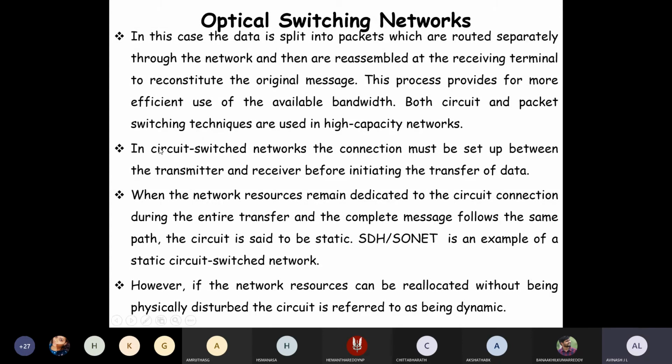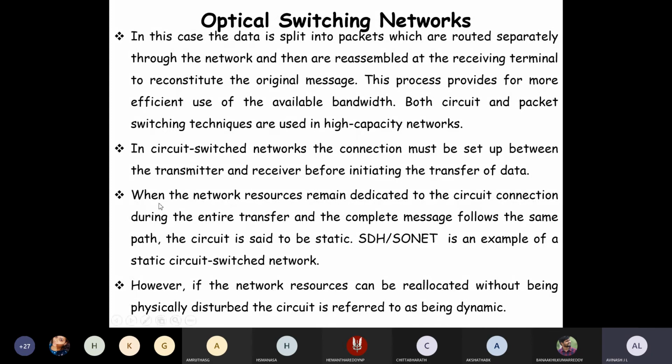In a circuit switching network, the connection must be set up between the transmitter and receiver before the initiation of the transfer. We need to do this process of handshaking, and that is what is called circuit switching.